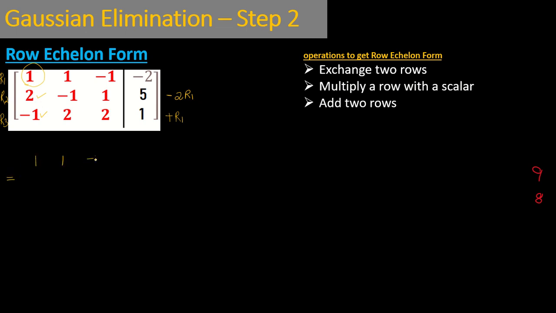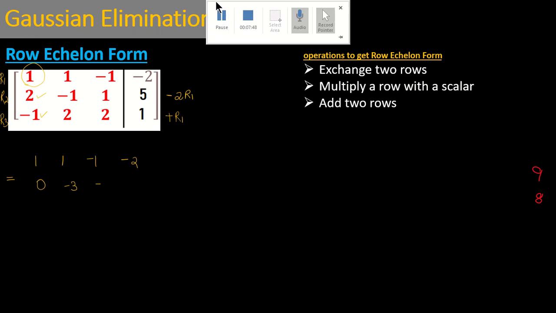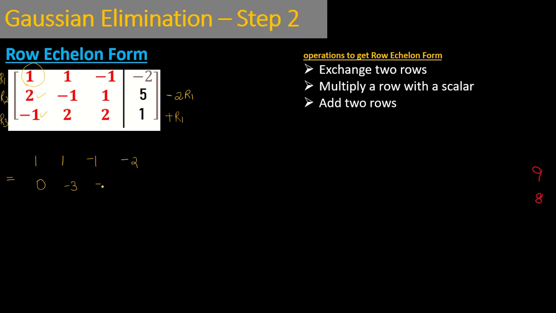It is 1, 1, minus 1 and minus 2, and this will be 0, and this is minus 3, and this is minus 2, this is 3, nine.